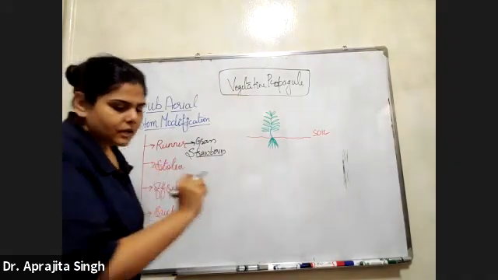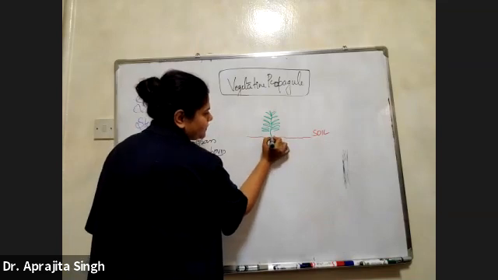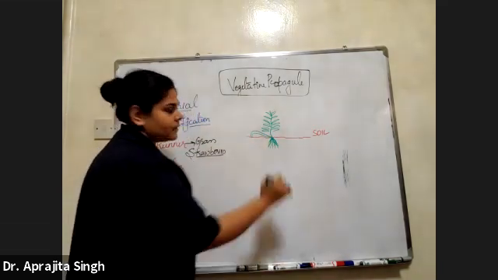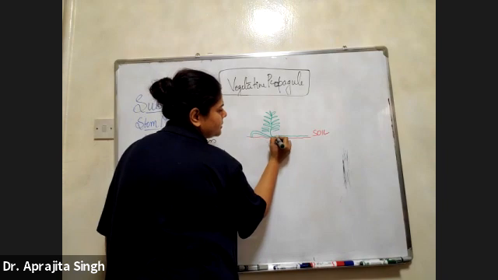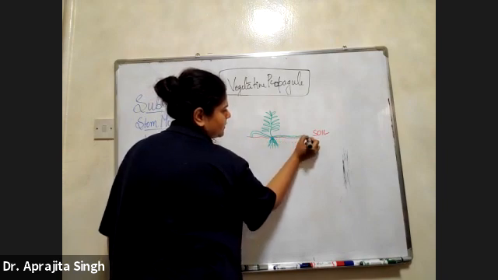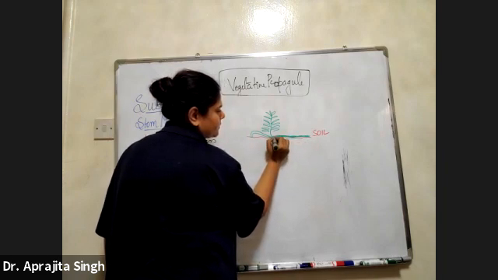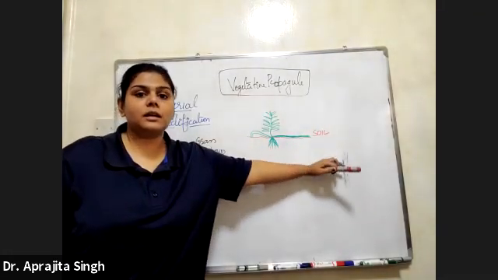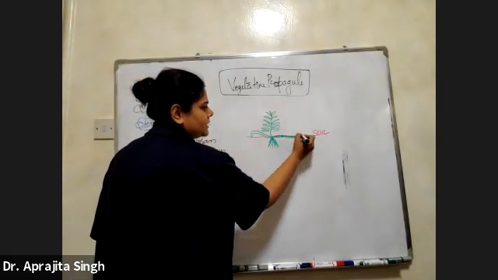What will happen? Look very carefully. This stem will modify like this, and some of the stem will start running along the soil, parallel to the soil. Running parallel to the soil: runner. After some time, the stem has the nodes and the internodes.